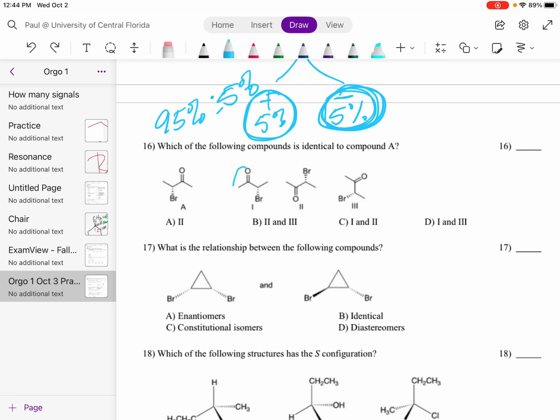So if I take molecule 1 and I want to rotate it 180 degrees so I can get this backbone to match, molecule 1 is going to look like this. We'll have the ketone that flips to the other side, but look at what happens to that group. When you flip it 180 degrees, that's now going to be a wedge. And so that molecule right there is not superimposable upon A. So they're not identical.